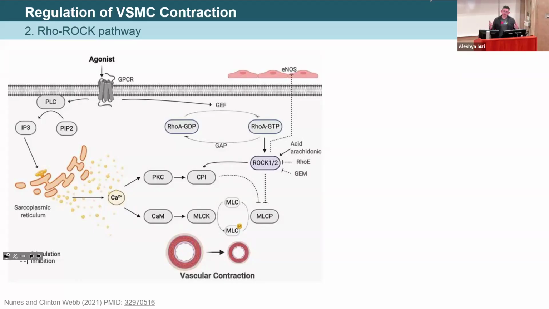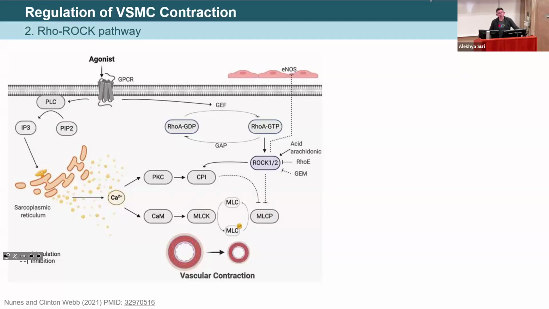So if MLCK phosphorylates myosin and increases its activity, MLCP dephosphorylates myosin and reduces its activity.